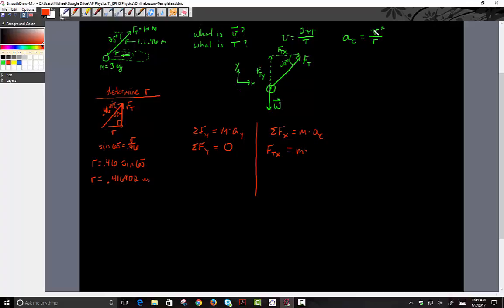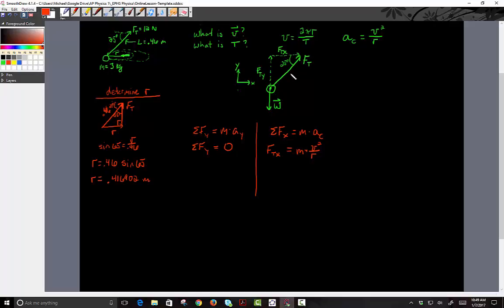But I'm going to go ahead and substitute this equation in there. So I get v squared over r. Okay, so I know the mass, I know the radius, I don't know the velocity, and right now I don't know the force of tension in the x. But we can figure that out using a little bit of trig.